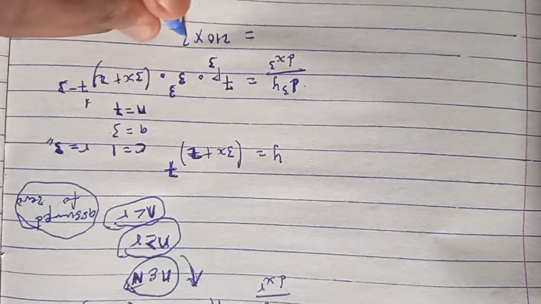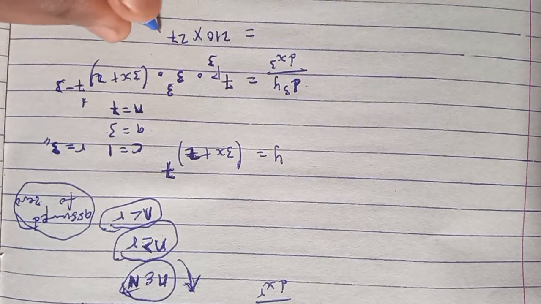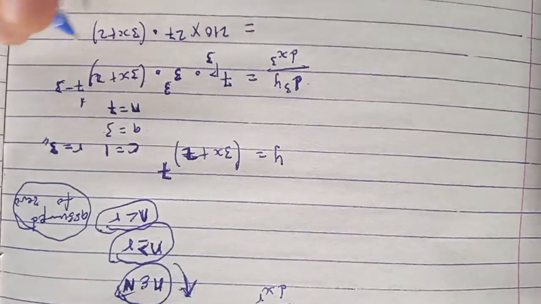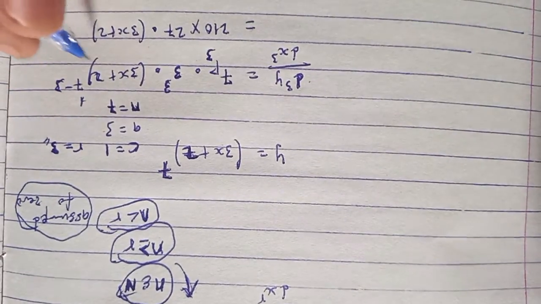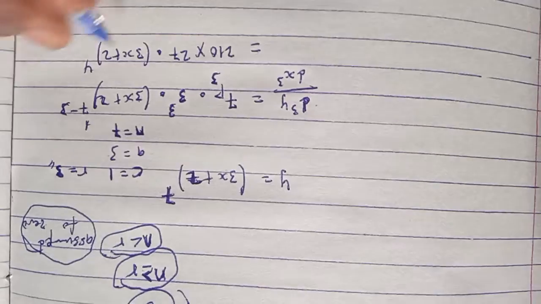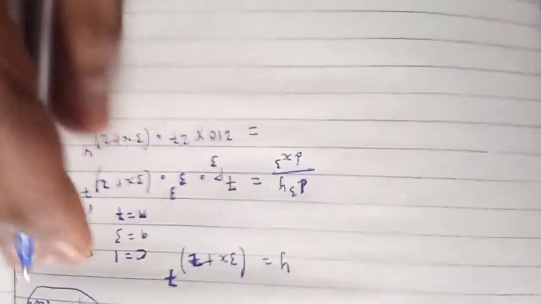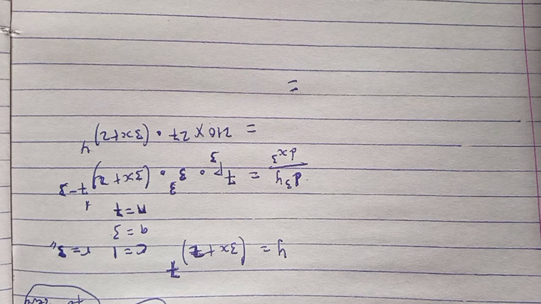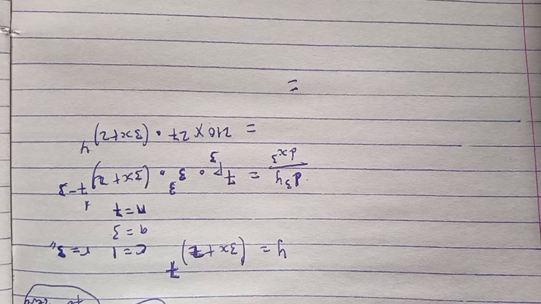Yeah, 27. Then times bracket open 3x plus 2 all power 4. So guys, you are going to get 210 times 27.